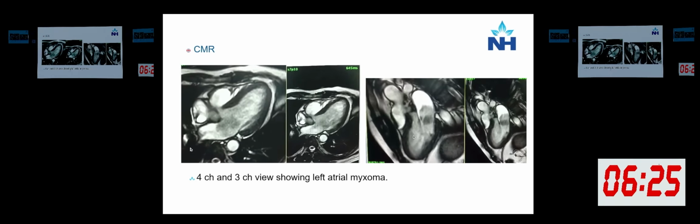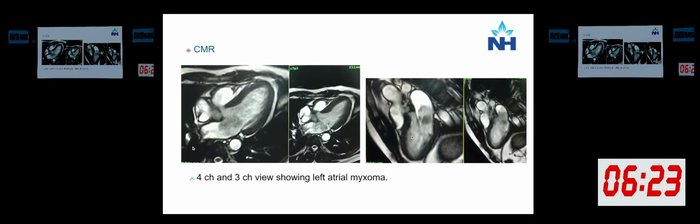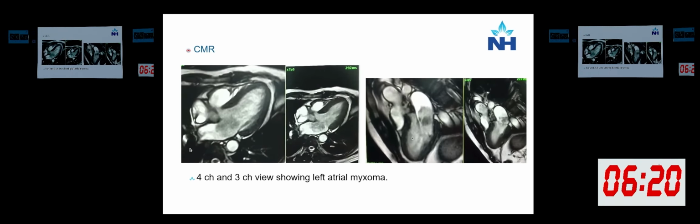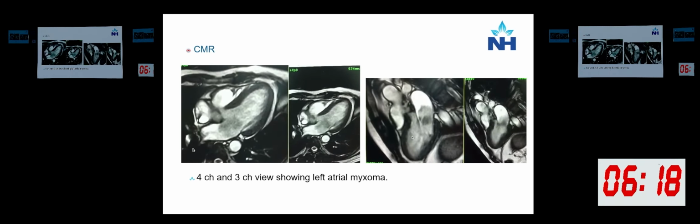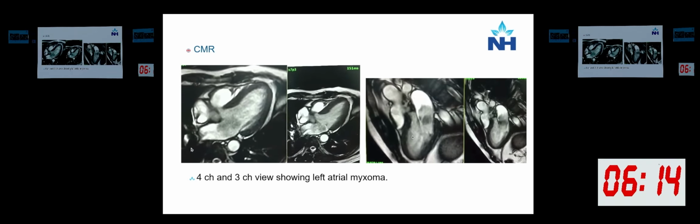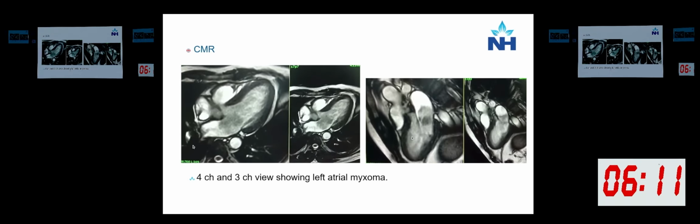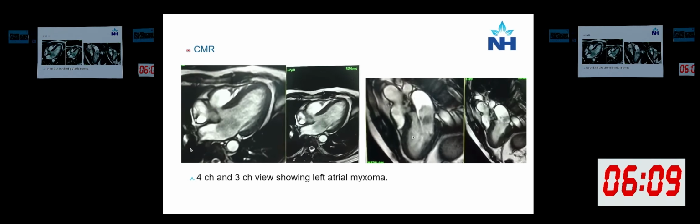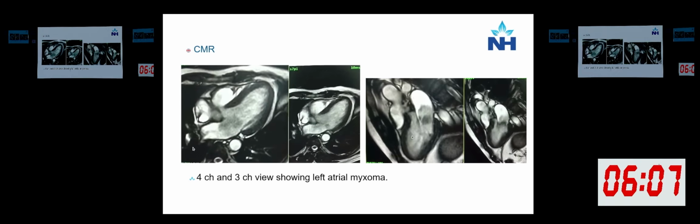So the diagnosis of cardiac myxoma was made not only from MR but also directly from the echo. So till now, we have a case of cardiac myxoma in a 41-year-old who presented with CNS symptoms, a hemorrhagic stroke, and was not on any medication and did not have any past history.